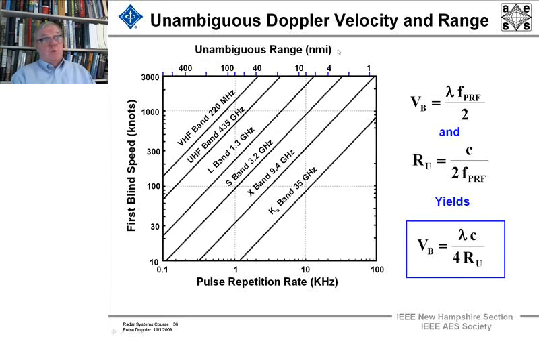It's really the unambiguous range of the radar and the blind speed that we're most interested in. And we talked a number of times about the constraints that this chart puts on us. The constraint between the blind speed, where we're measuring the radial velocity unambiguously, and the range unambiguously, and they are constrained by this equation.